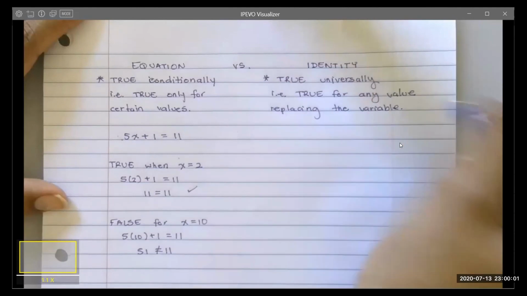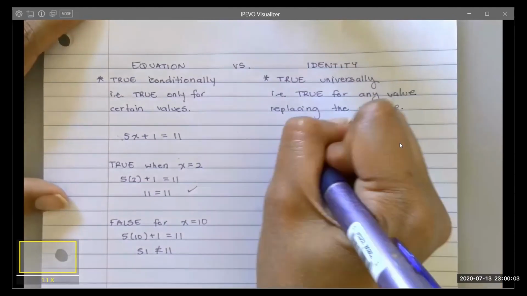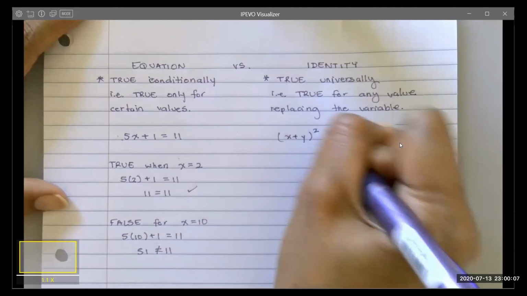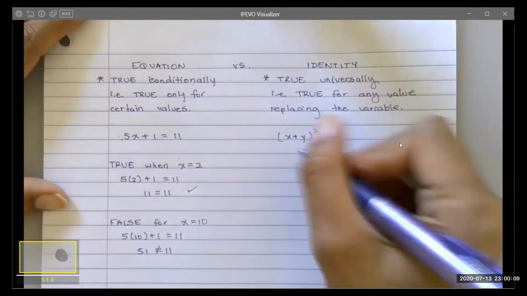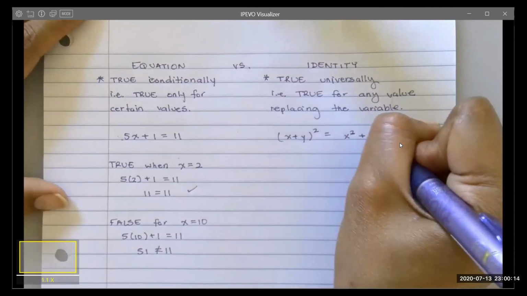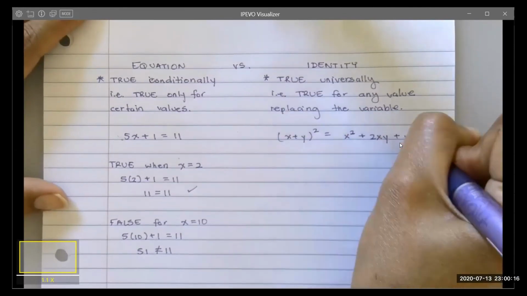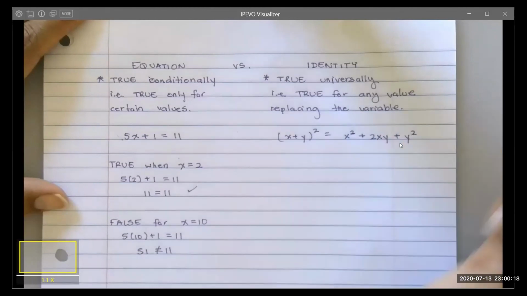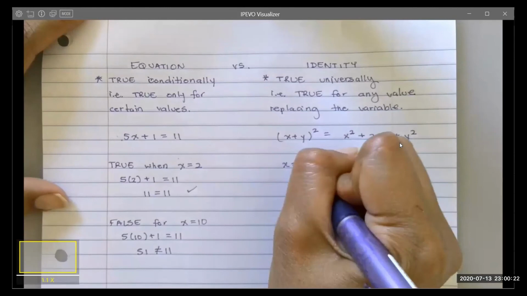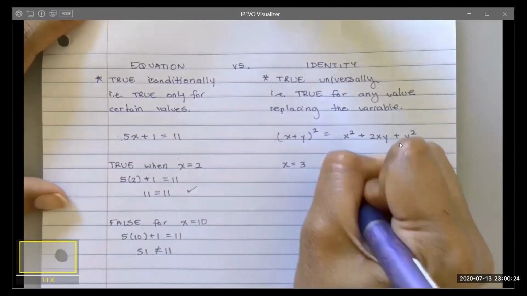Again, I'll give you an example. If you've seen this before, the perfect square trinomial identity: (x plus y) squared is always going to be equal to x squared plus 2xy plus y squared. So for instance, let's try x being 3 and y being -1.